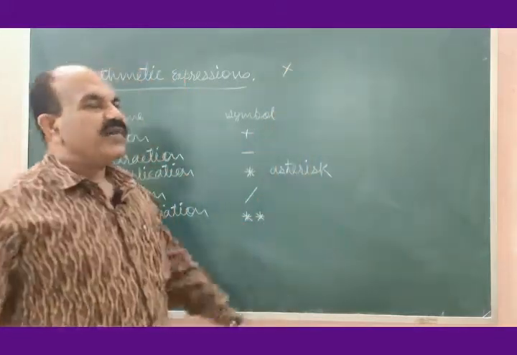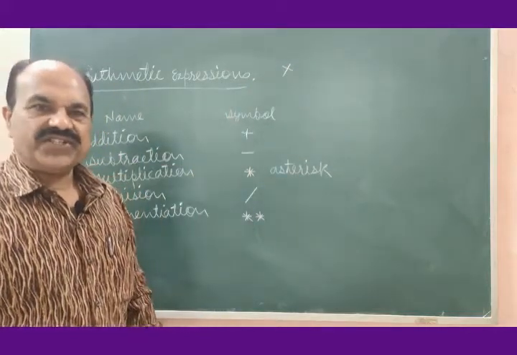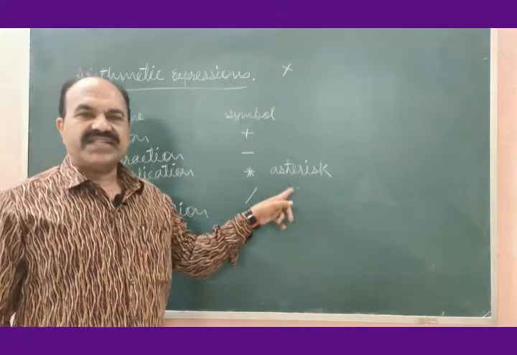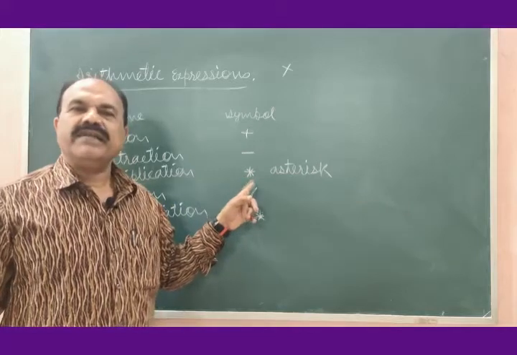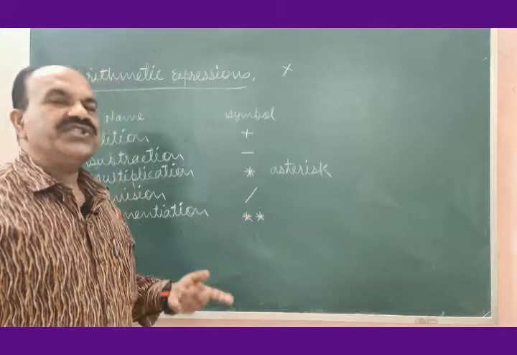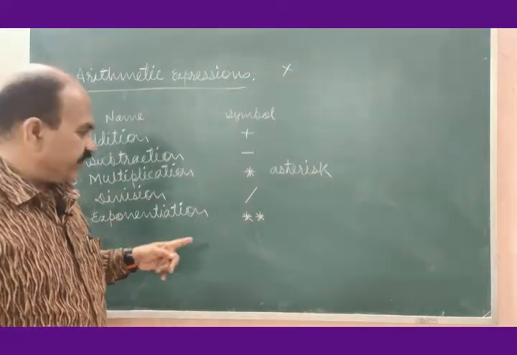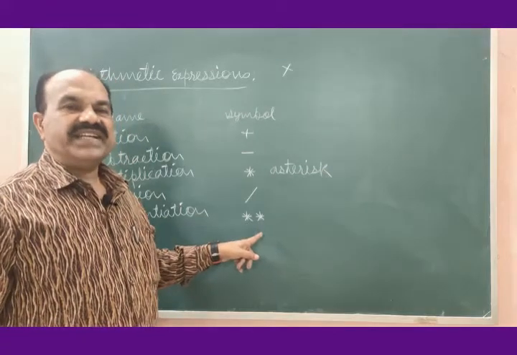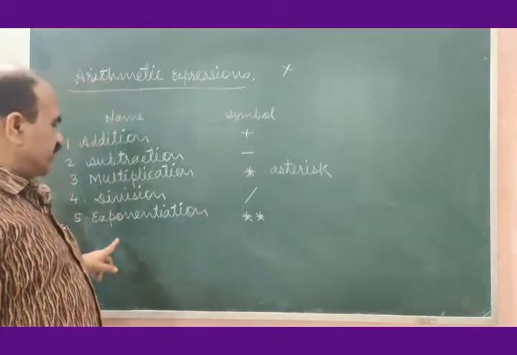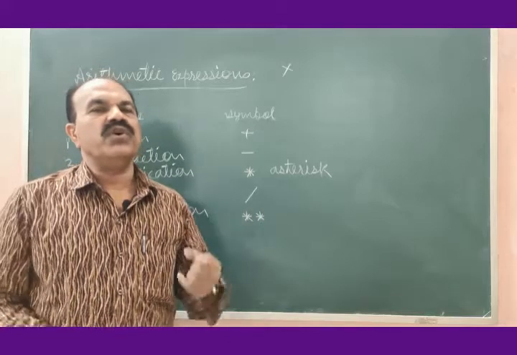In general algebra, we use a different symbol for multiplication, whereas in Fortran, we are going to use the asterisk for multiplication. Slash is used for division. Two asterisks are used for exponentiation.